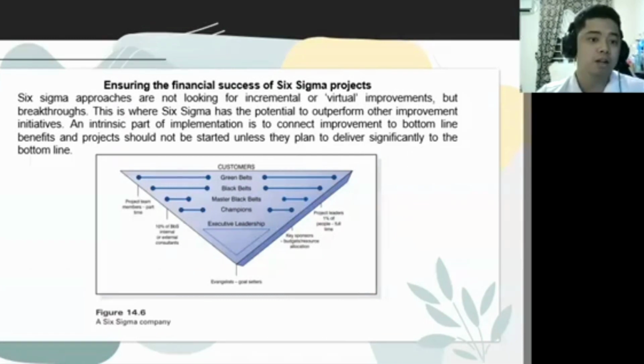So when we say breakthrough po, we refer to something that pushes you to the next level or creates something new. Thus, Six Sigma has the ability to push you, innovate, or make an improvement. Kaya rin may tinatawag tayong implementation ay para makonect yung improvement sa bottom line benefits.